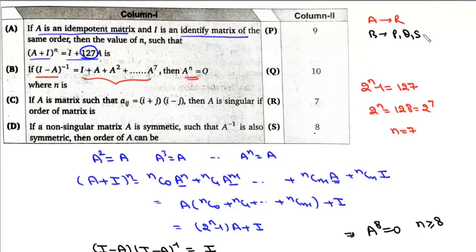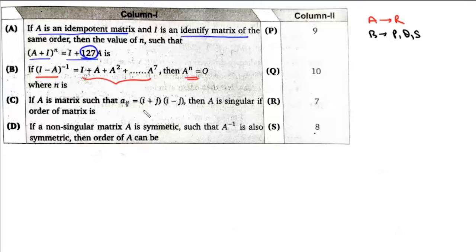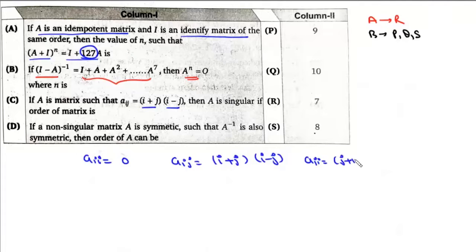Now the next one is, if A is a matrix such that Aij is (i plus j) upon (i minus j), then A is singular if the order of the matrix is. Now if we write, Aii will be 0 and then Aij is (i plus j) into (i minus j) and Aji will be (j plus i) into (j minus i), which is minus Aij.